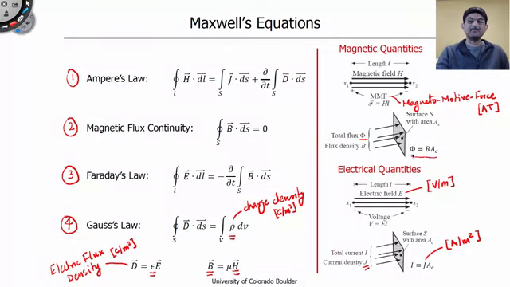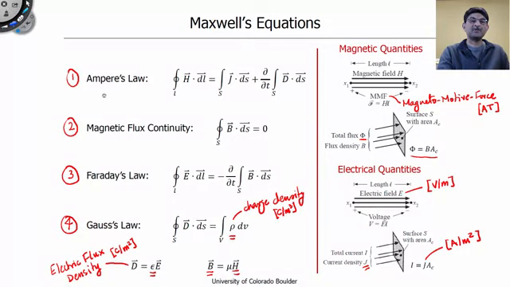Essentially, the total flux is the flux density times the area of that surface. Hence, you can also think of total flux being analogous to total current, while the flux density B being analogous to the current density J. Now we've covered all the quantities of interest, so we can start to explore Maxwell's equations.